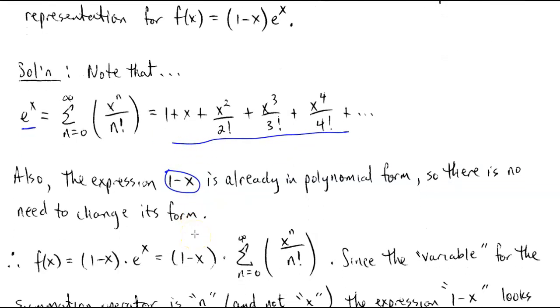However, what we do need to do is take this 1 minus x here, and since our summation, its variable, it's n, it looks at this as a constant, just like it looks at x as a constant. So what we want to do is slide that on the inside of the summation operator.